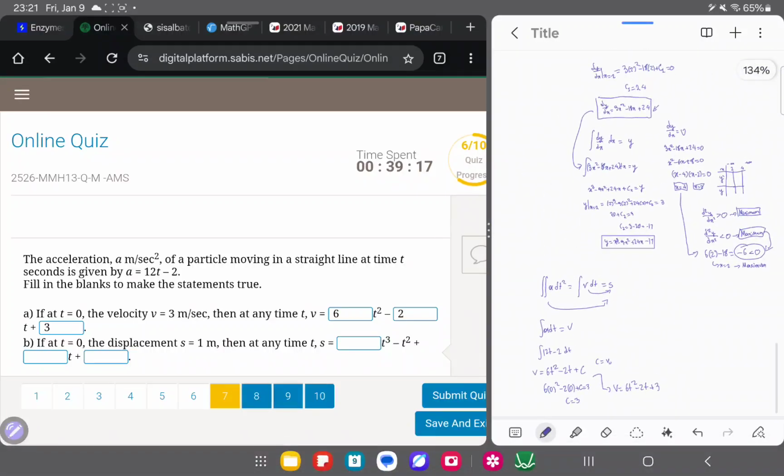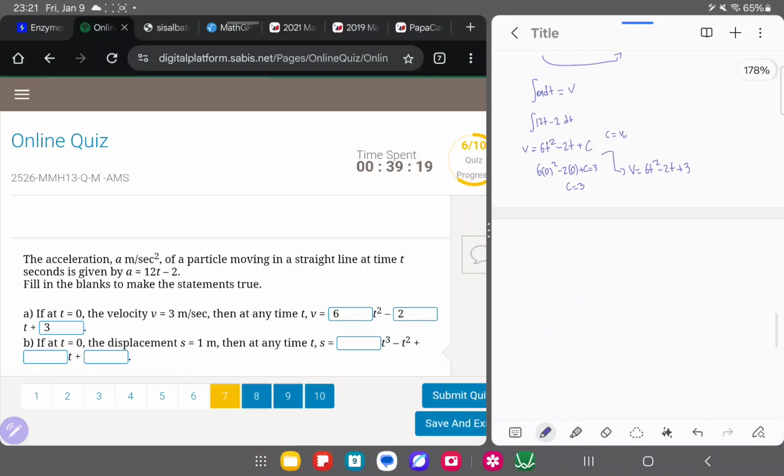Now we're going to include displacement over here. If at t equals 0 the displacement s is equal to 1, we should know that the integral of velocity is equal to displacement.